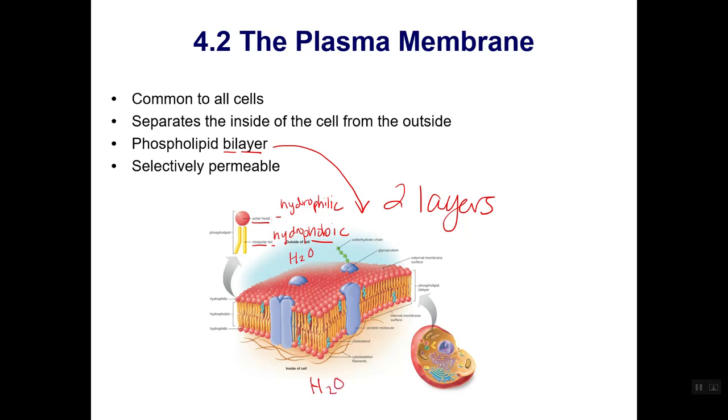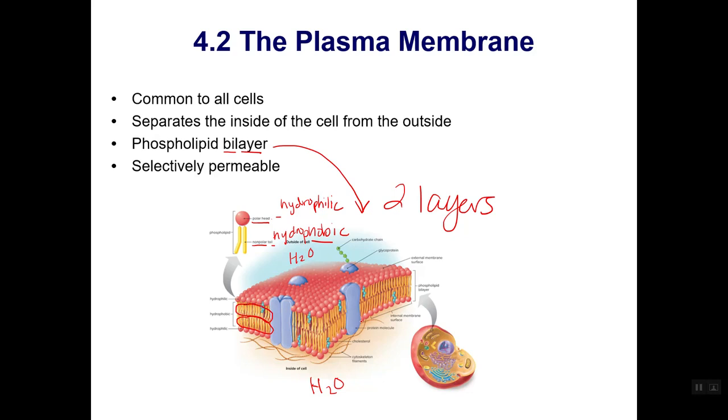So these phospholipid heads, the polar heads, like water. So they're facing water, right? These heads over here are also facing water. The tails are turned in towards each other. They're not going to face the water because they're hydrophobic. They don't like it. So they do something different. They face one another because these non-polar hydrophobic tails are attracted to these non-polar hydrophobic tails.